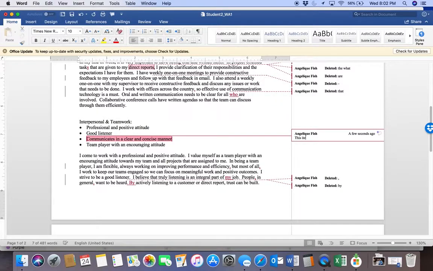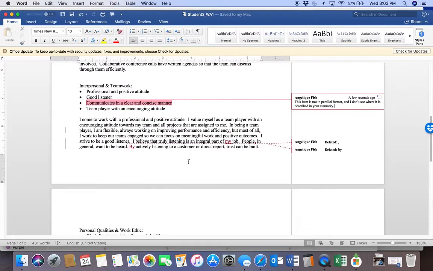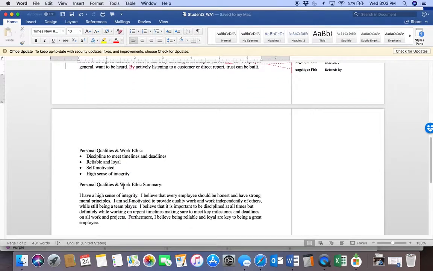So this item is not in parallel format, and I don't see where it is described in your summary. Because we talked about team player, good listener, positive attitude, but I don't see anything about communicating concisely.